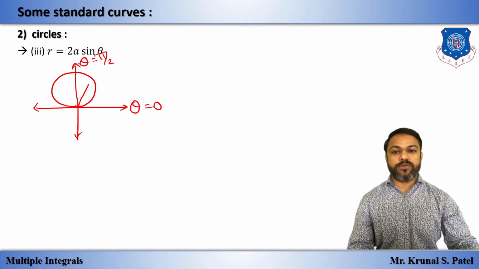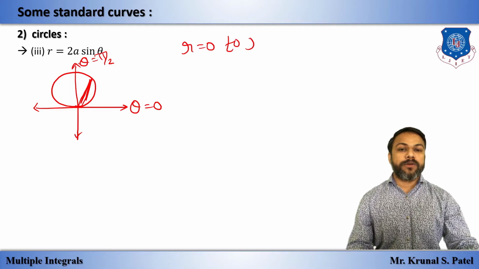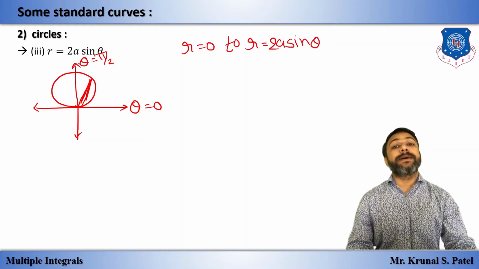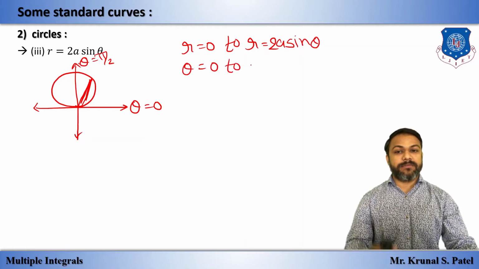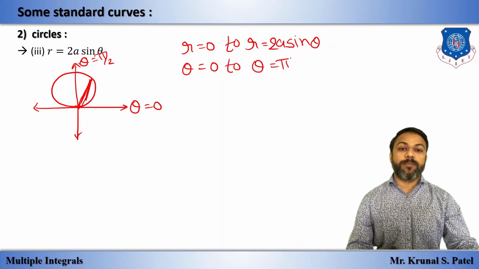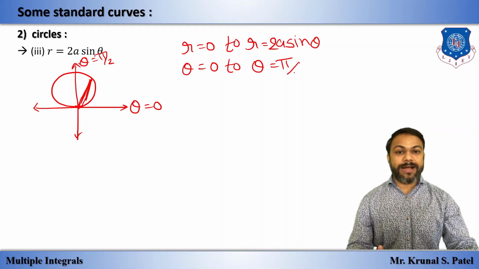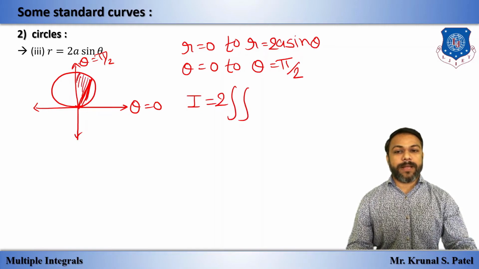So we have 0 to this circle, so the limit is r is equal to 0 to r is equal to 2a sin theta. And what about theta? Theta is equal to 0 to, as we have discussed, complete pi. So if full, you need 0 to pi, but if half, then 0 to pi by 2, and we can multiply it 2 times, because this is the 2 times.